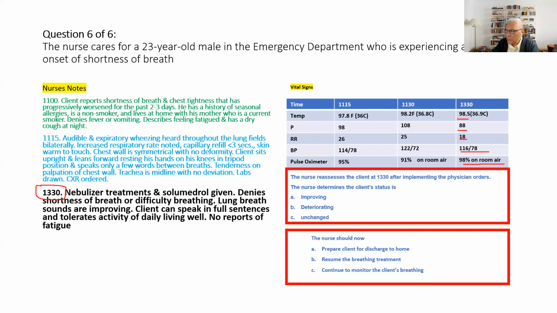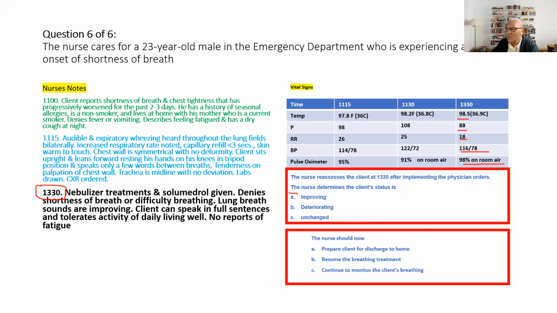So the nurse reassesses the client at 13:30. After implementing the physician's orders, the nurse determines that the client's status is A, B, or C. Is the client improving, deteriorating, or is the patient unchanged?